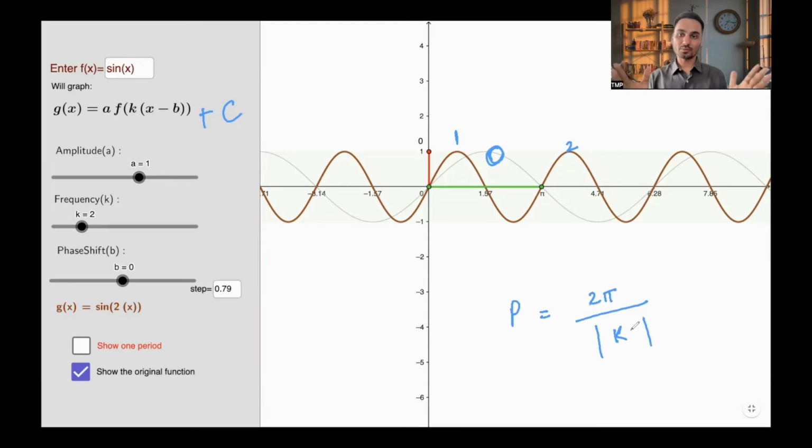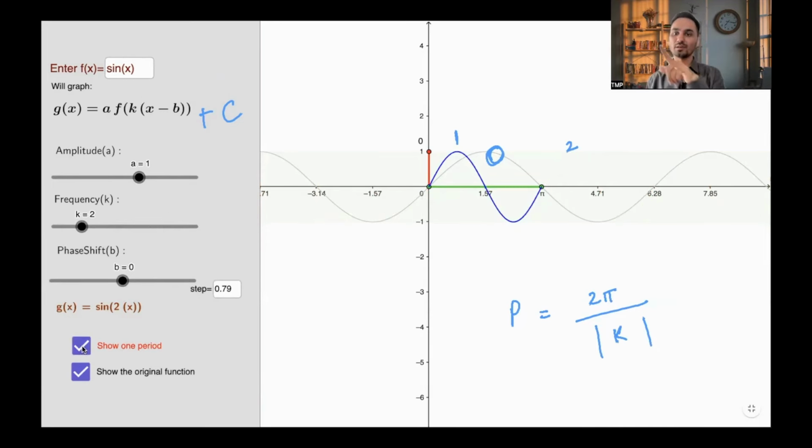But for the sin 2x function, the period is 2 pi divided by 2, or pi. And that is why one cycle is completed in pi radians.